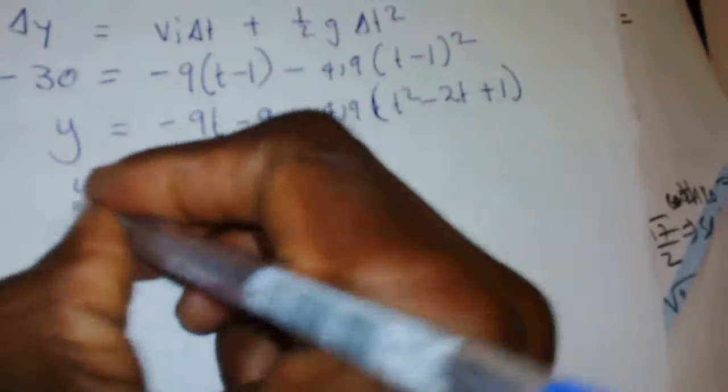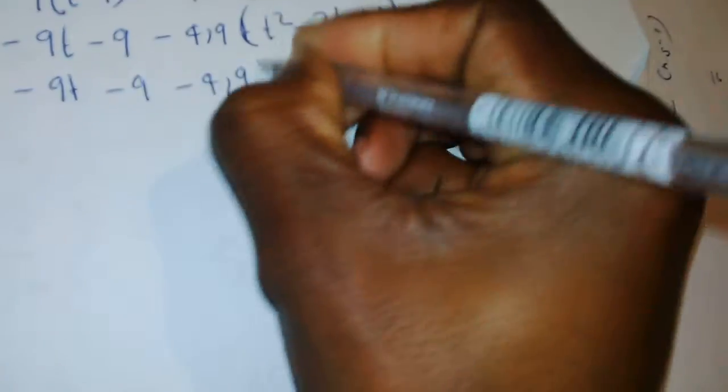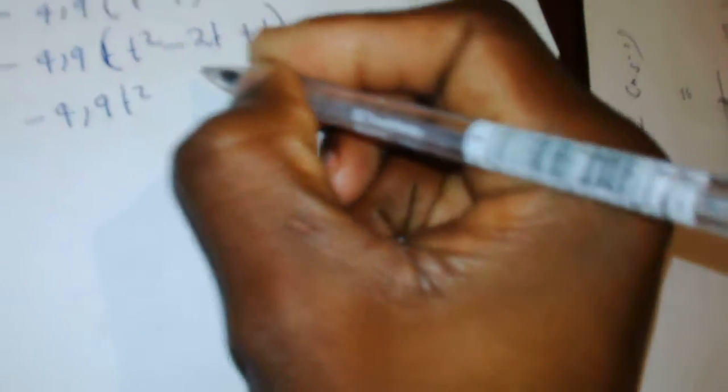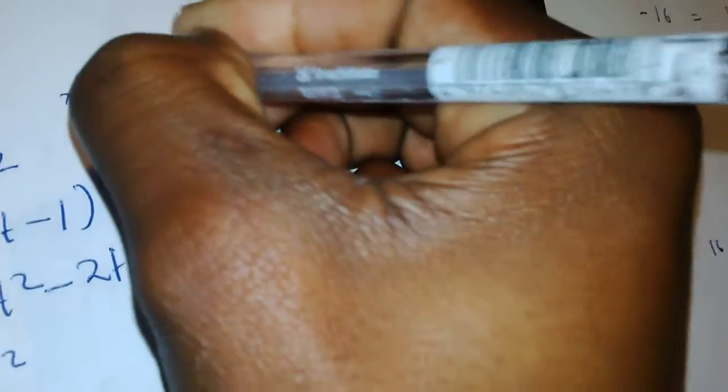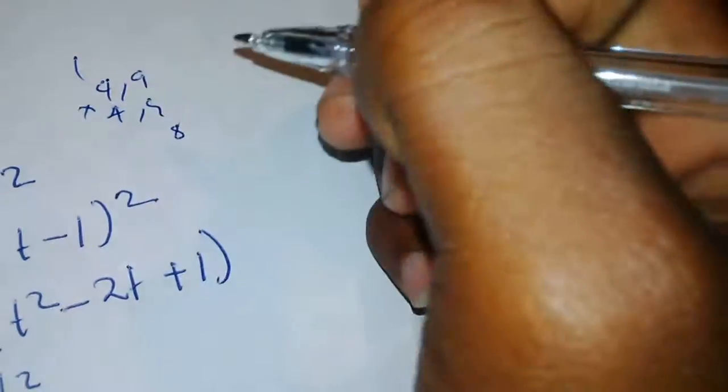So y is equal to 30 minus 9t plus 9 minus 4.9t squared, and 4.9 times 2 is 9.8, so plus 9.8t minus 4.9.